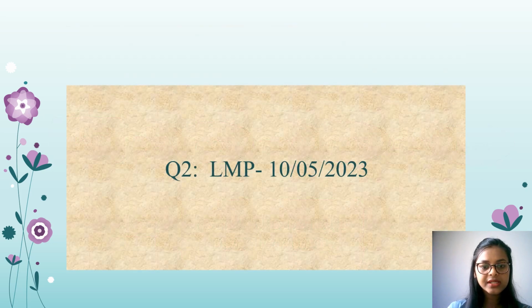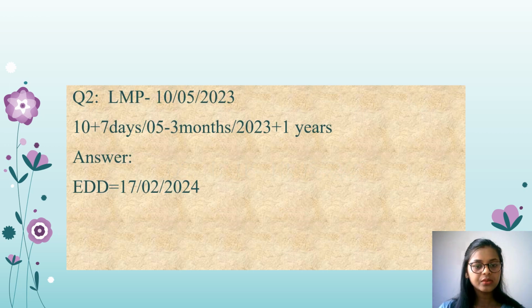So let's do this calculation. The last menstrual period is 10th of May 2023. You can pause the video and calculate, then start the video and see the answer on the next slide. Let's do this calculation together. The last menstrual period is 10th of May 2023.